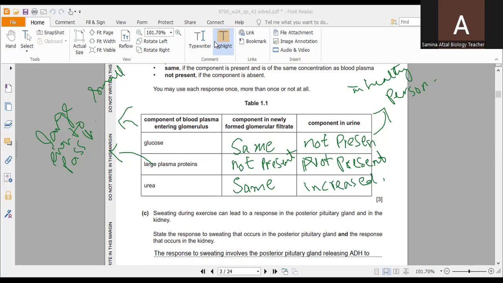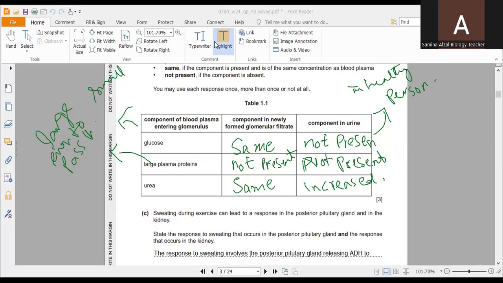Because water is reabsorbed. After ultrafiltration, the second step is selective reabsorption. So what happens over here?